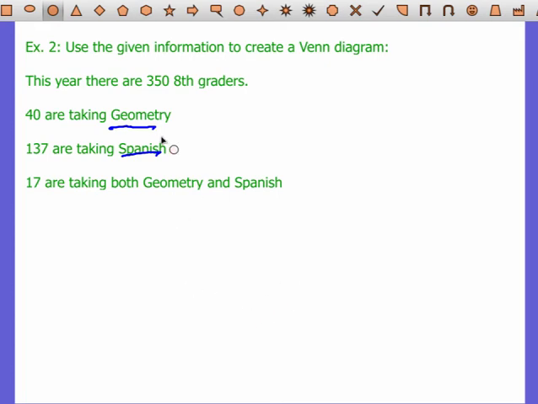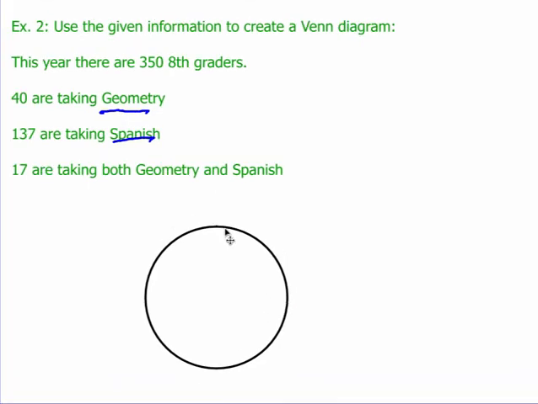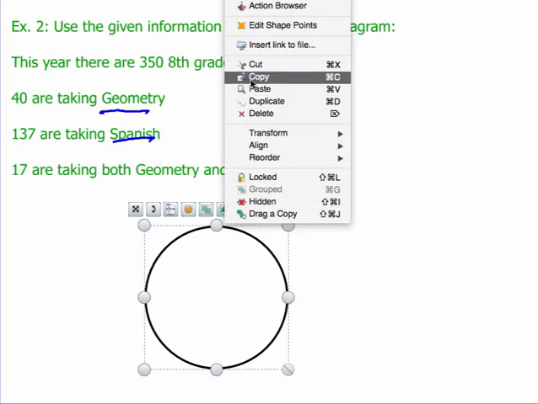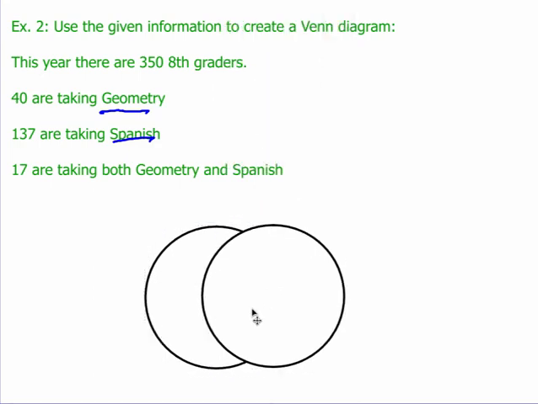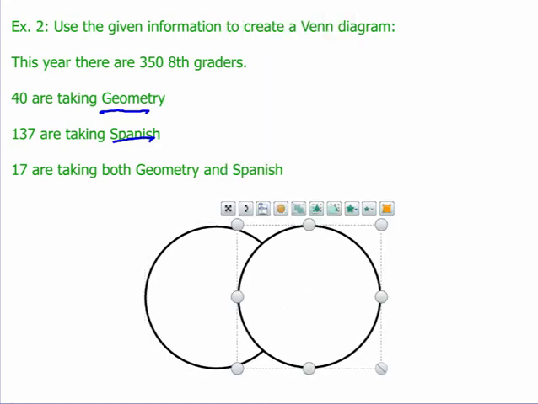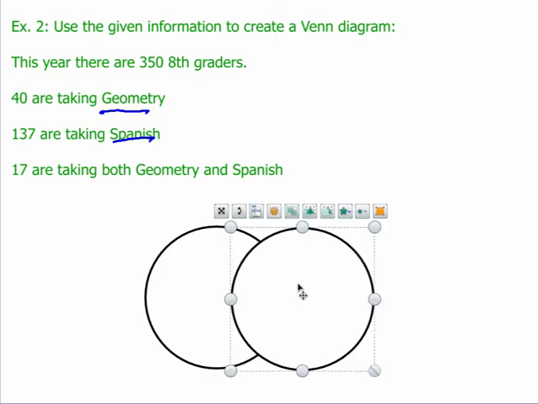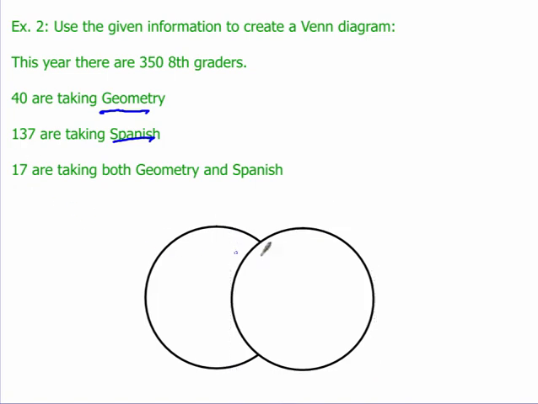Well, if I can make it draw a circle for me. Okay, so let's make geometry and Spanish my 2 circles. And you'll just have to trust that they overlap, because it doesn't want to draw it in here.